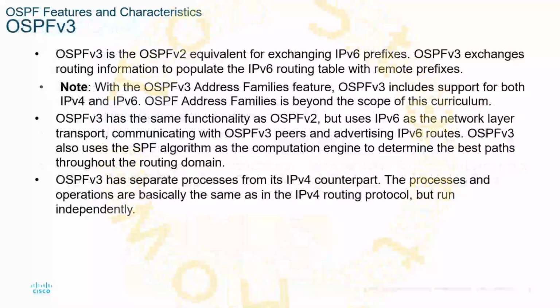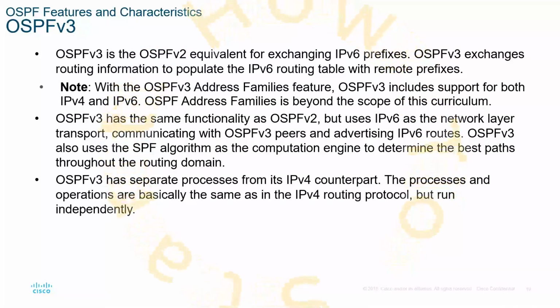So we were looking at OSPF v2 for the most part. Well, there is an OSPF v3, and that is specifically for IPv6. It will exchange router information to populate the IPv6 routing information with the remote prefixes. Again, note that with OSPF v3, address family features, including support for both IPv4 and IPv6, are beyond the scope of the CCNA.